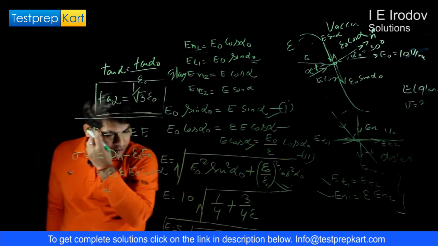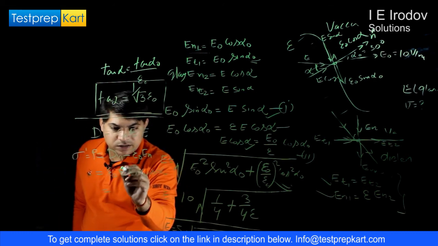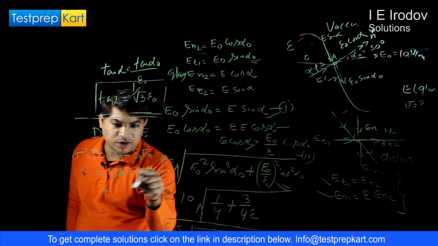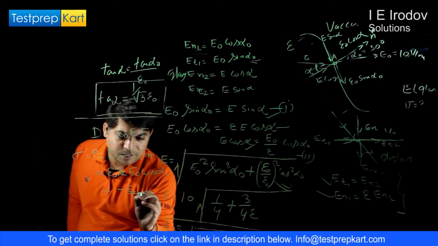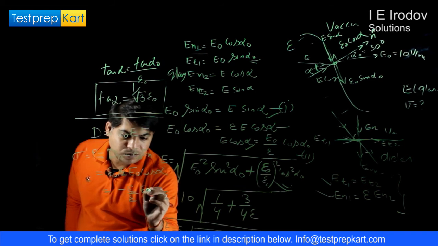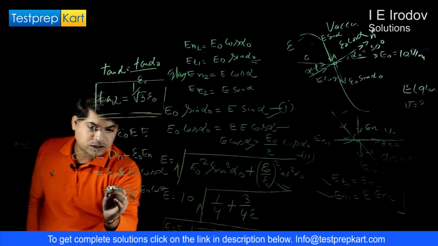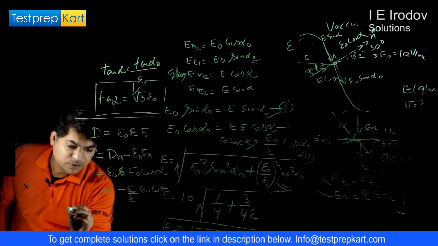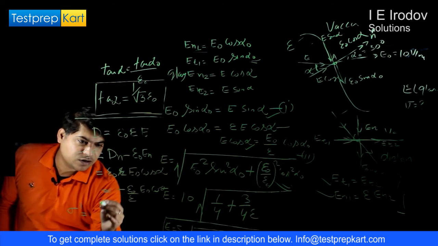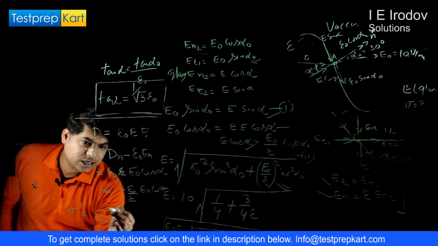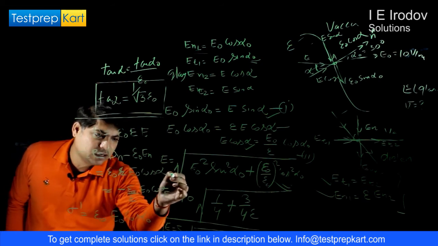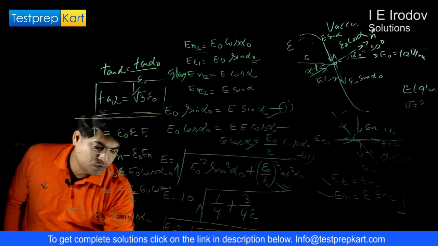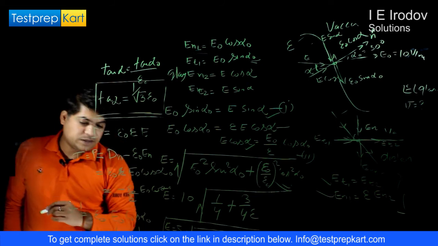So this is epsilon naught E naught cos alpha naught for medium 1, and for medium 2 this is epsilon naught upon epsilon into E naught cos alpha naught. Taking out the common factor epsilon naught into E naught cos alpha naught, we get 1 minus 1 upon epsilon.